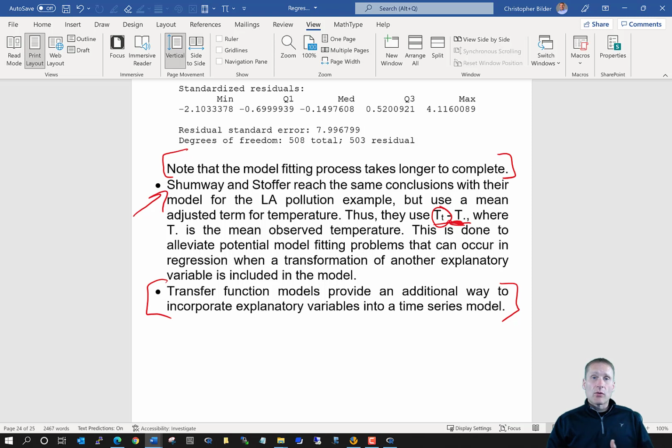Sometimes when I teach this course, I also teach that section too. So stay tuned for that if I do that additional section. So that then concludes how to work with these regression models when one has ARMA error terms, and that's it.